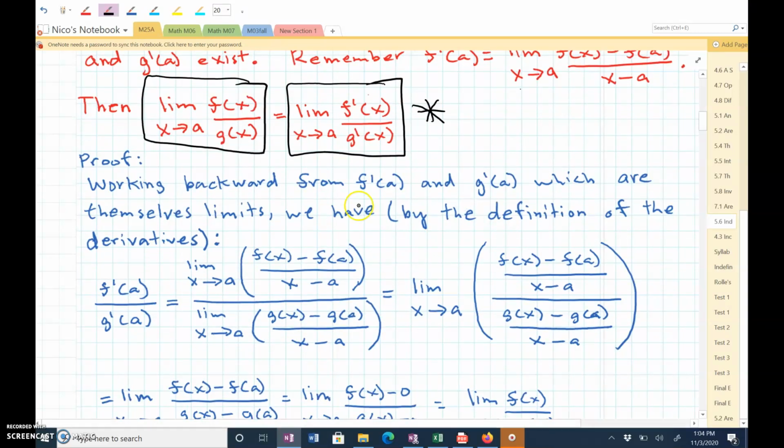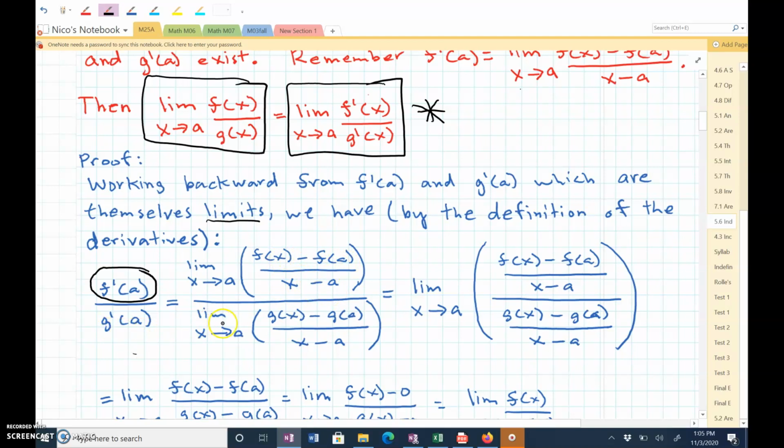So working backwards from f prime of a and g prime of a, which are themselves limits. It's the definition of the derivative using limits. By the definition of derivatives, f prime of a would be the limit as x approaches a of f of x minus f of a all over x minus a.